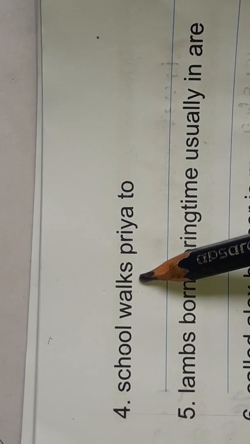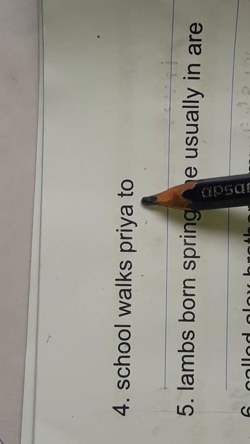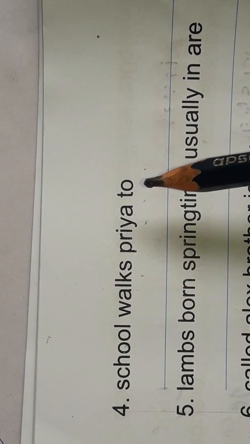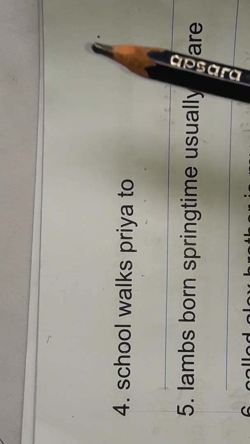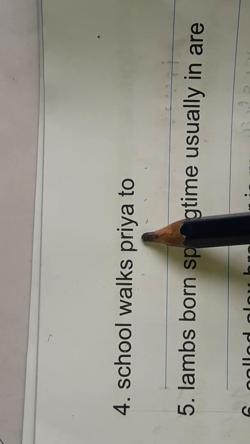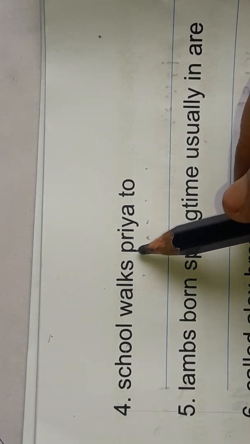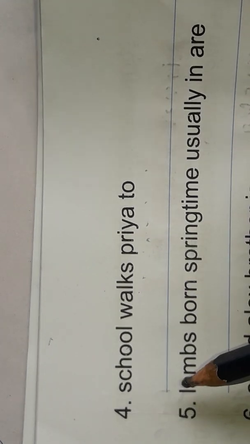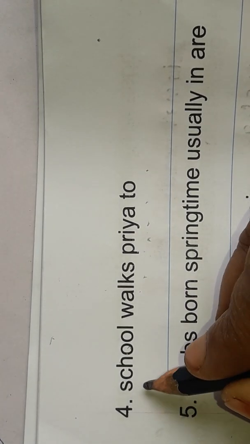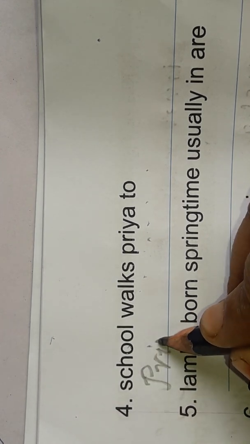Next one, School walks Priya to. Is this a meaningful sentence? No. So we arrange these words in meaningful order. First Priya. Here P is a small letter. We write capital letter P. Priya.